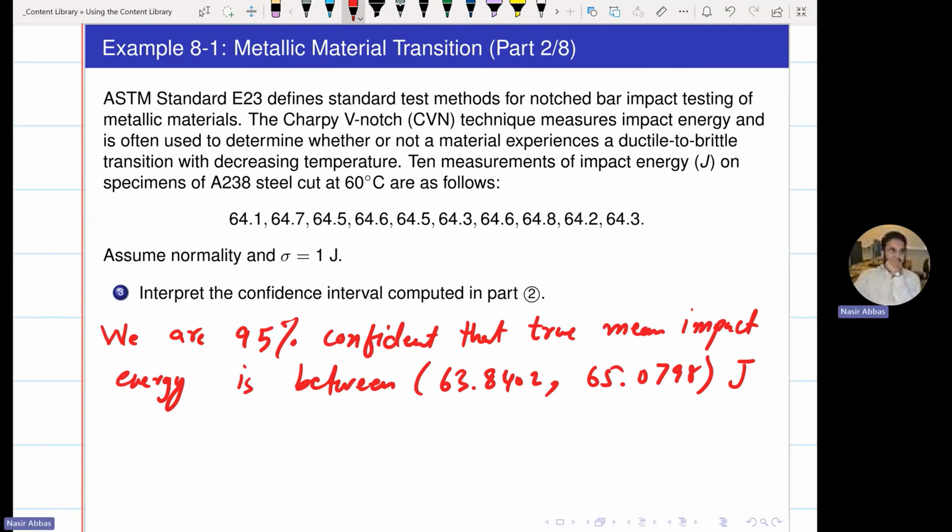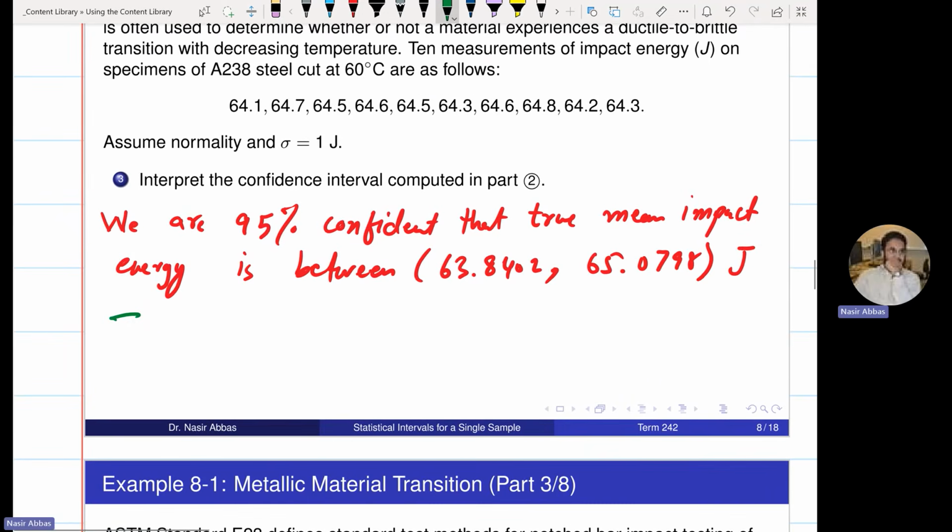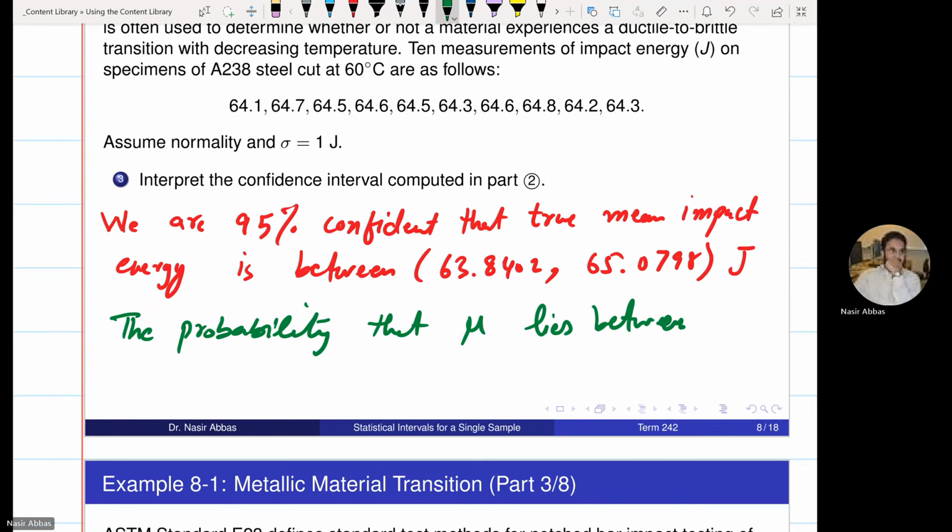Now, one of the misconceptions is some of you might interpret it as the probability that mu lies between 63.8402 and 65.0798 is 0.95.